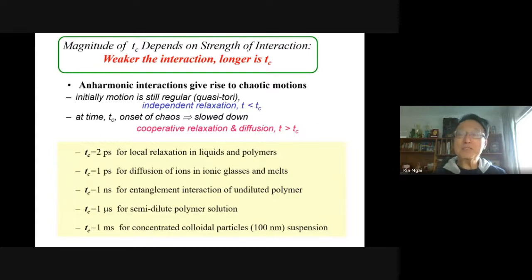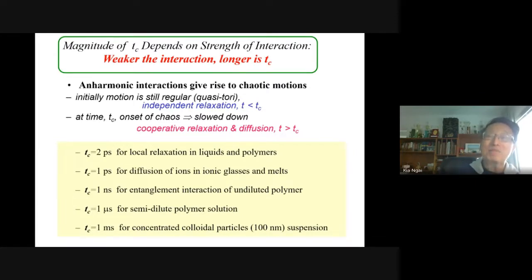The JG beta relaxation is only about 2 or 3 or 4 decades away from the alpha relaxation. So to reach 100 seconds, you have to go to about 10 to the minus 2 seconds for the JG. You have to go a long way from vibration to the cage dynamics.